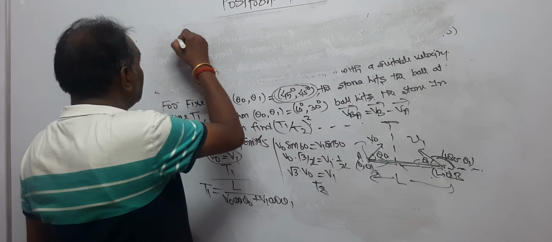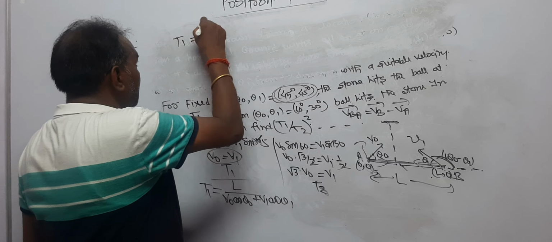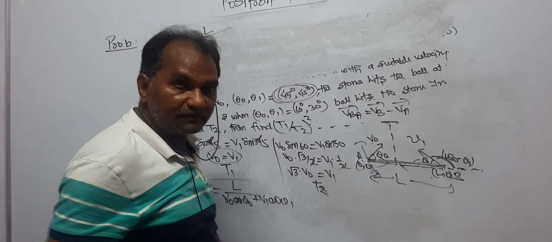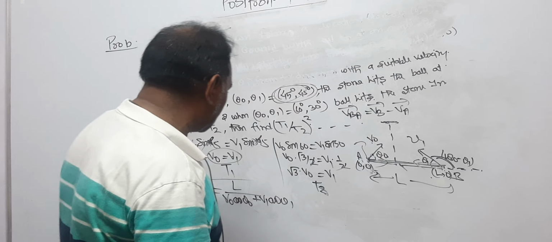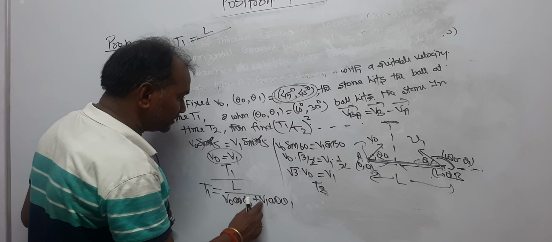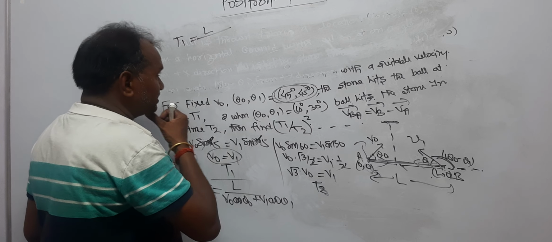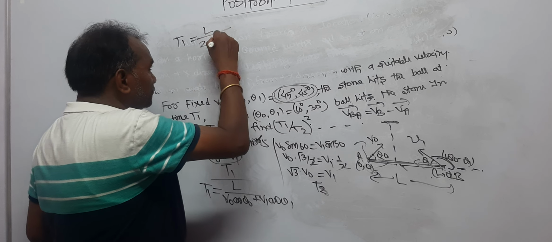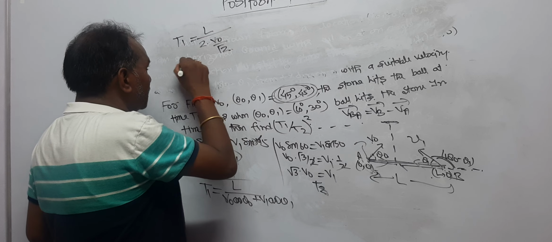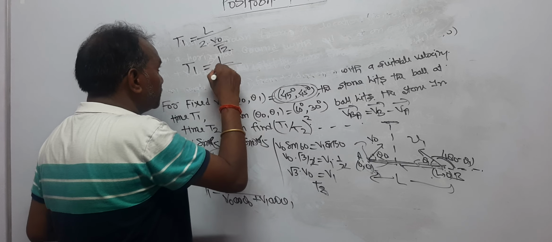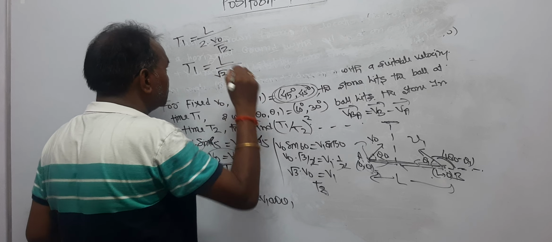So T1 is equal to L upon V naught cos 45. Cos 45 is 1 by root 2. So V naught by root 2 plus V naught by root 2, so it is 2 V naught by root 2. You can say T1 is equal to L upon root 2 V naught.